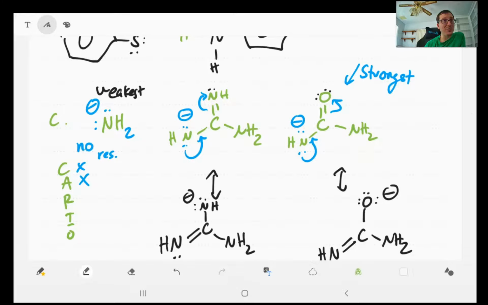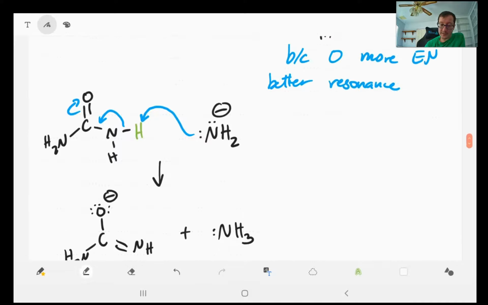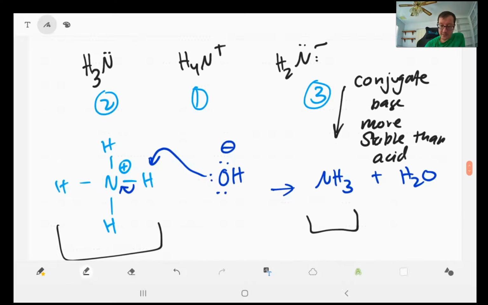They don't want to be charged, right? They would prefer to be neutral. And so neutral things are always more stable than charged things are. So when we're looking at this, we're forming something that's neutral from something that's charged. A cationic species will always be a better acid when you're comparing the same things. If that makes sense. And because none of them had charges on them, they couldn't do a resonance.